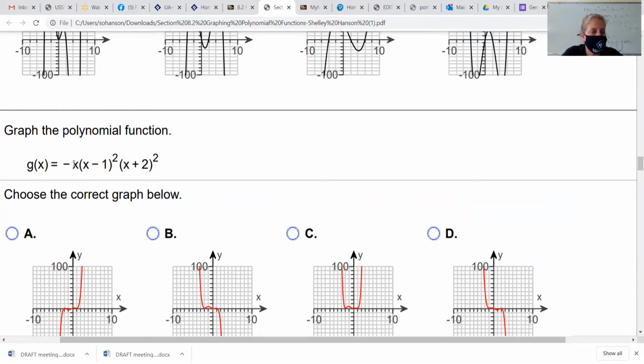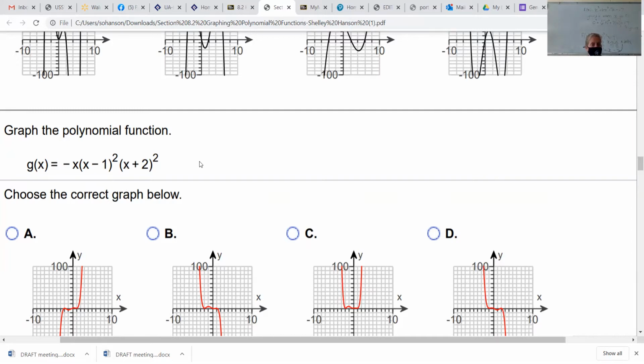So this would be 1 x from this first x, 2 more x's from this x inside that first parentheses, and 2 more x's from that one. So if I multiplied those all together, I'd end up with some kind of x to the 5th power, right? There'd be 5 x's, which is an odd end behavior, which means 1 up, 1 down.